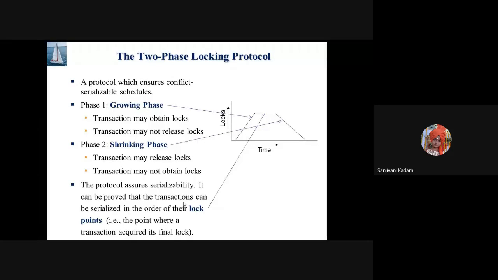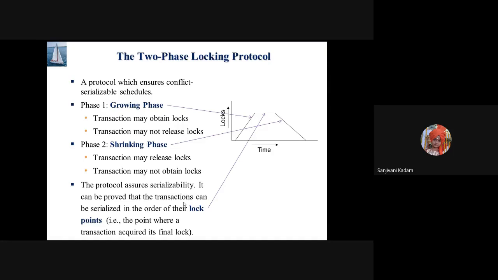The second phase is the shrinking phase, during which only release of locks happens. No lock requests are sent. So in growing, only lock requests are sent, and in shrinking, only unlock requests are sent. That's why this protocol is called the two-phase locking protocol.